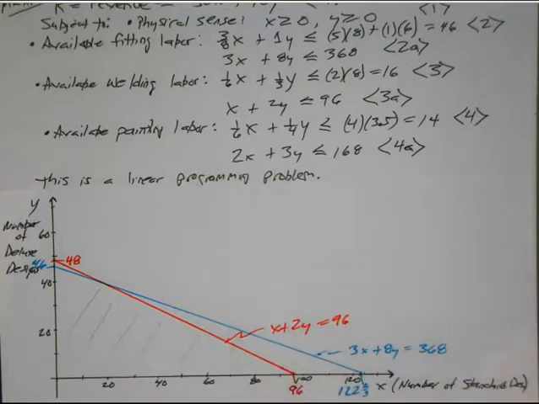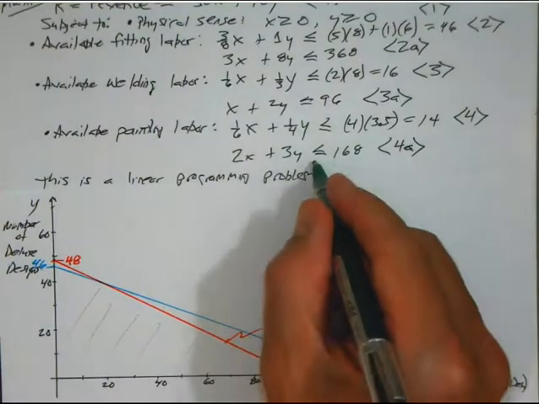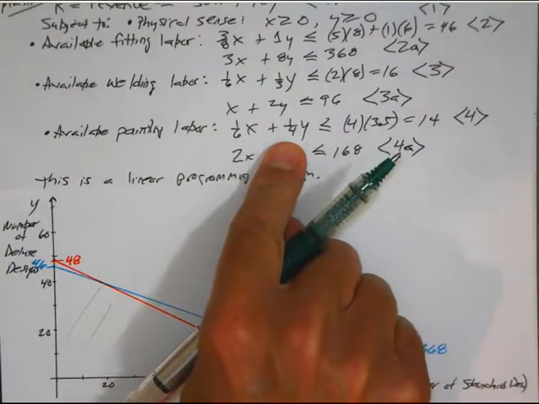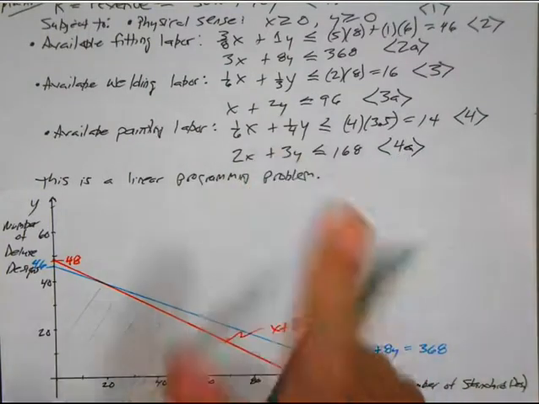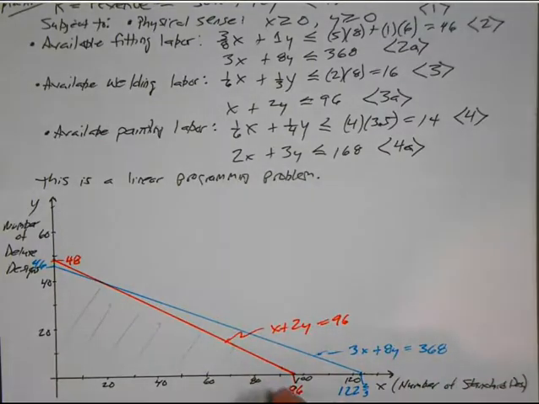Okay. Time for a third contrasting color. And we go on to this inequality. Alright, suppose y were equal to 0. 2x is 168, x is 84. Okay. 80, there's 90, 84, about there.